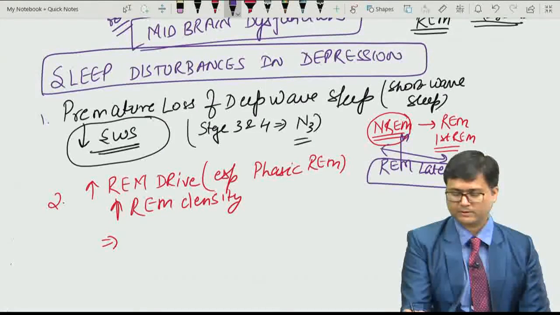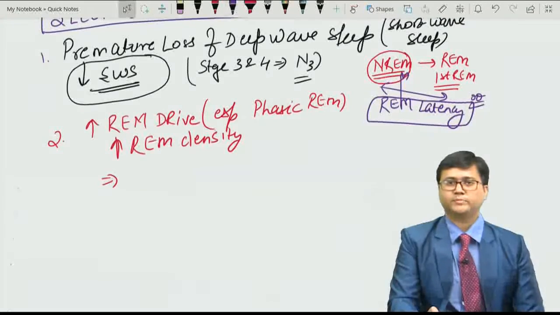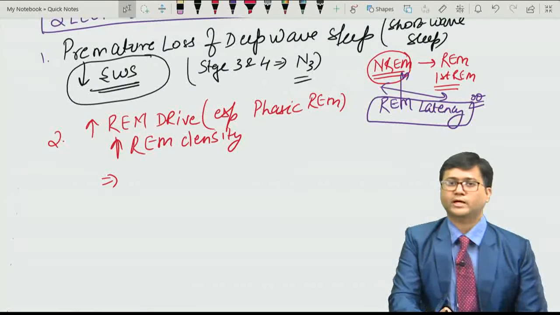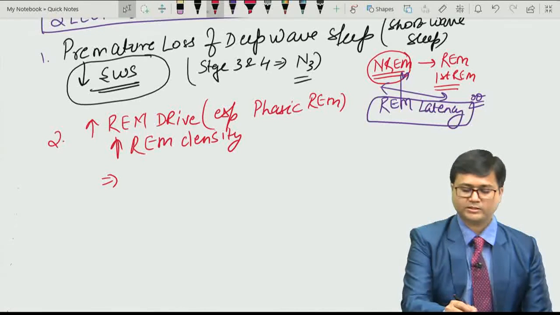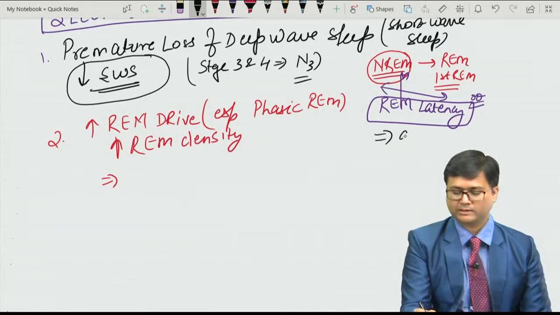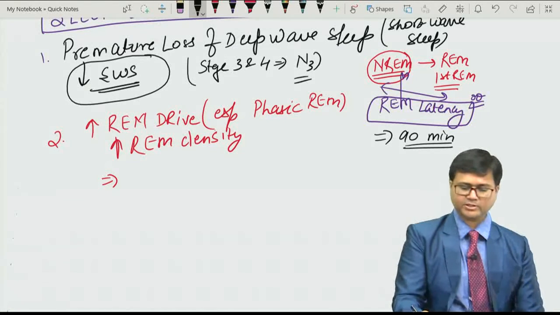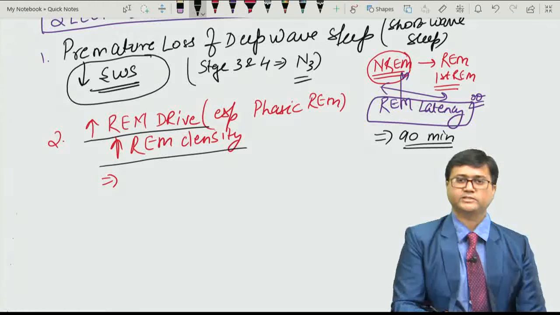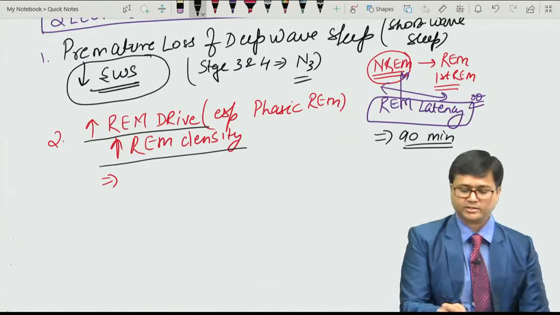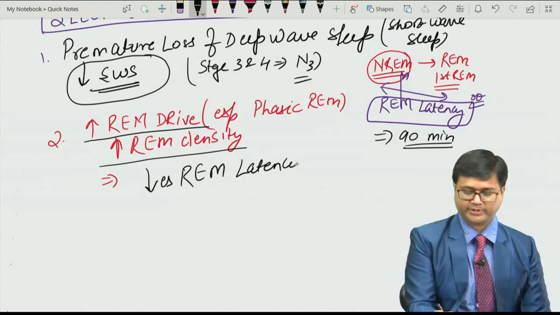Important. So REM latency is the time period from the start of NREM to the first REM, and usually this is 90 minutes. But since there is an increase in the REM drive, increase in the REM density, there is decrease in the REM latency in depression.